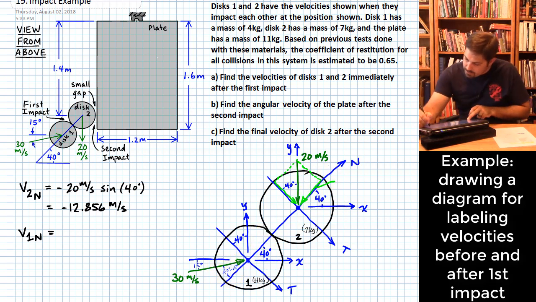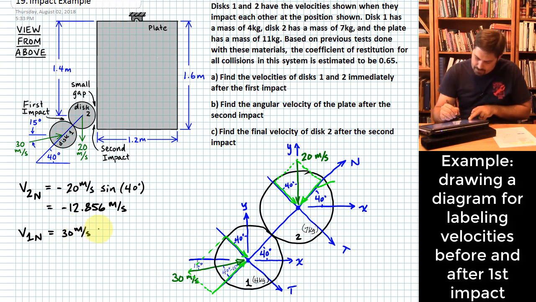If I sketch this out, I need the piece that goes this way, and I've got another piece that goes this way. So for that normal component, what I've got is 30 meters per second positive times the cosine of 40 degrees minus 15 degrees.